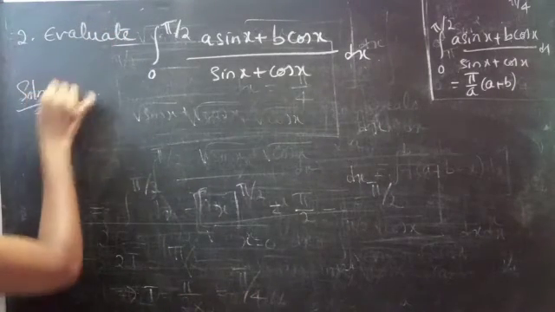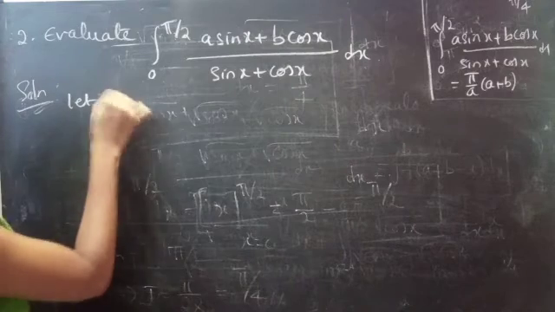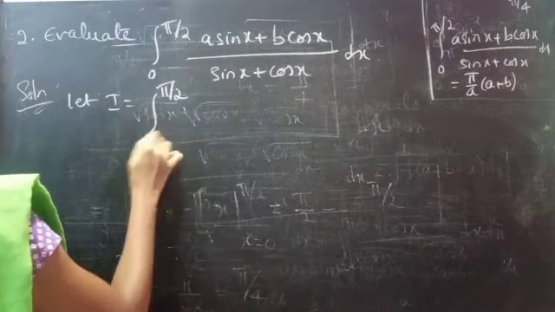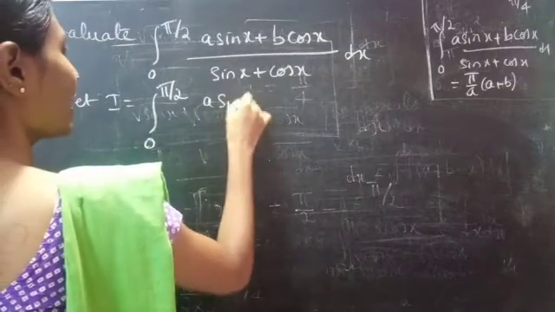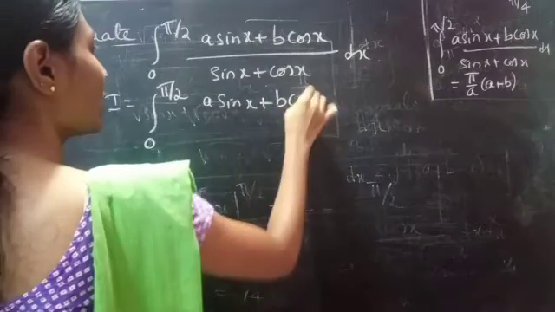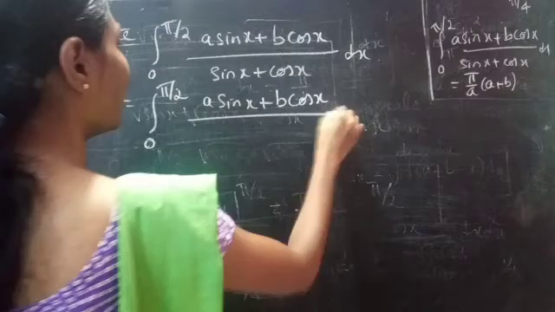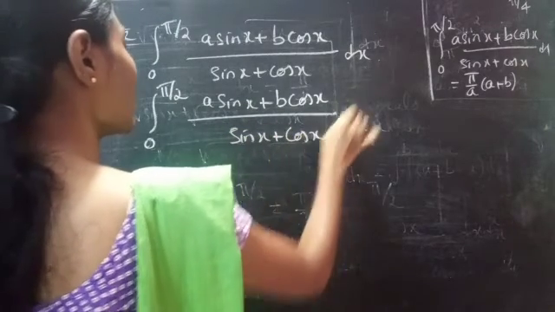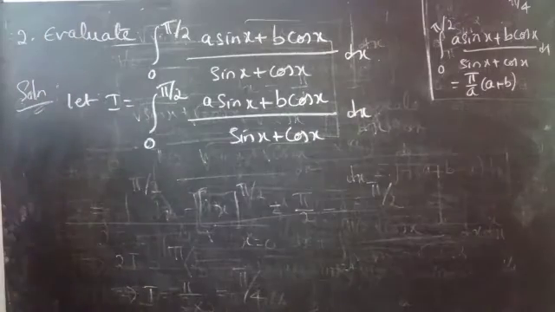Solution. Let I equal integral 0 to pi by 2 of a sin x plus b cos x by sin x plus cos x dx.